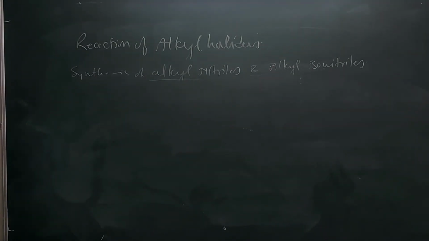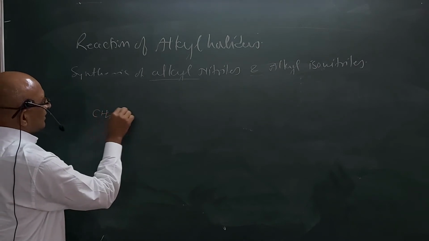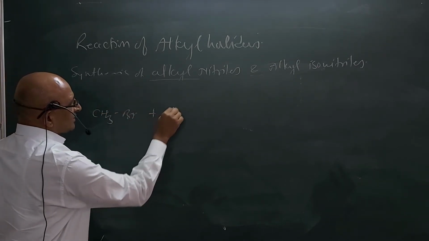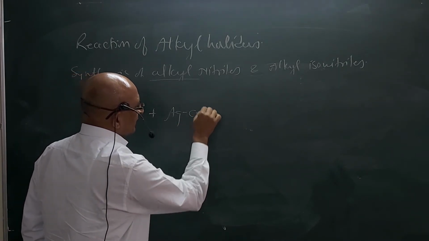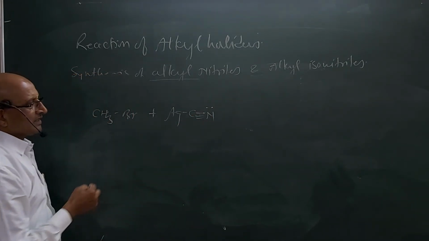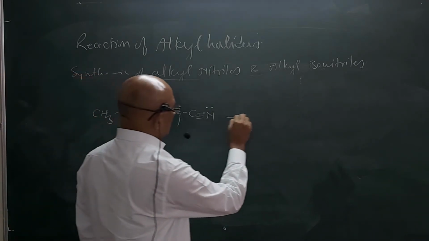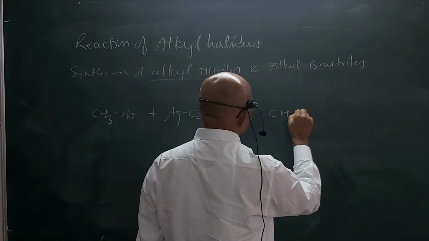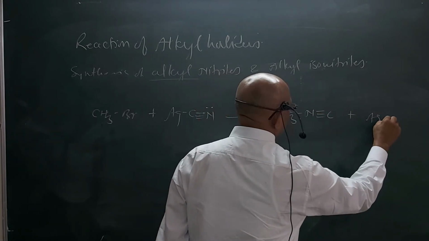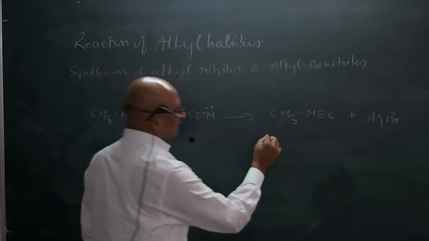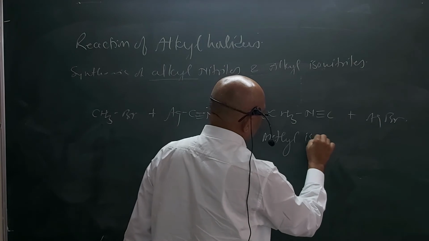Alkyl isonitriles. Here CH3Br, on reaction with AgCN, where the lone pair of electrons is given through the nitrogen, gives you the formation of CH3NC plus AgBr. This is the methyl isonitrile.